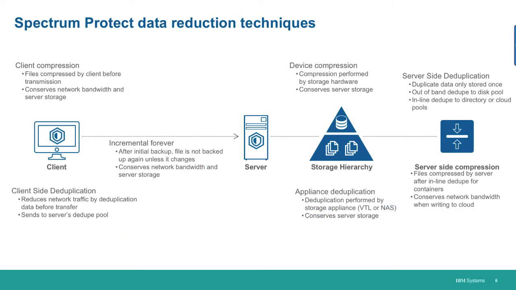Now, in terms of doing backups, there are many unique features of Spectrum Protect, which we're really not going to get into a lot of detail in this video. But one of the things I want to call out is the data reduction techniques that are associated with Spectrum Protect. You can do, and Spectrum Protect does do, deduplication and encryption and compression on both the client side and or the server side.